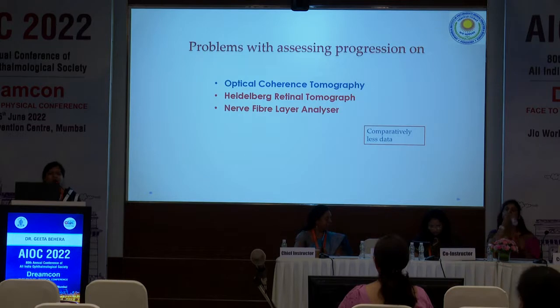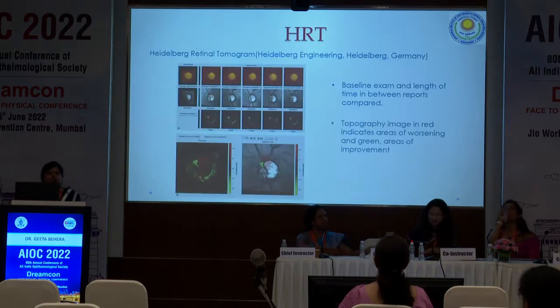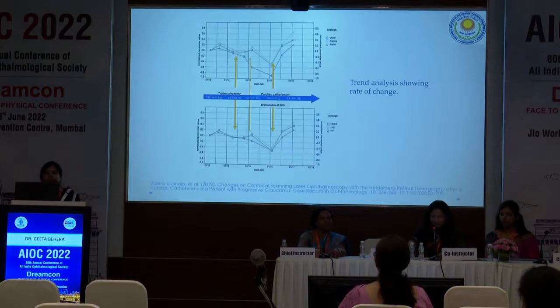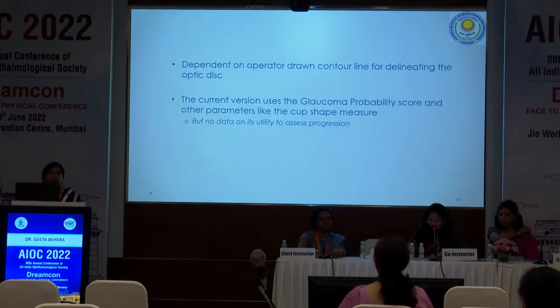I will be very briefly touching upon the HRT and NFL because there is comparatively less data on the progression analysis, and the HRT was extensively covered by Dr. Shikha. So she just showed you these maps, the baseline exam and the subsequent examinations, the trend analysis showing rate of change. Now the two problems with interpreting HRT: one is that it is dependent on an operator drawn contour line.